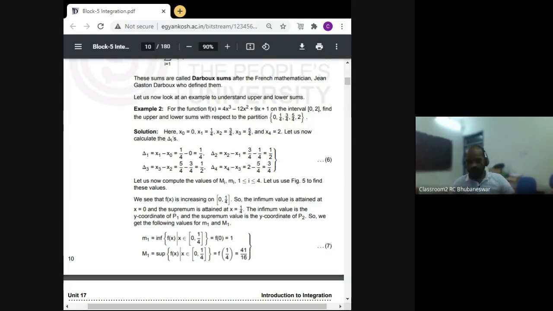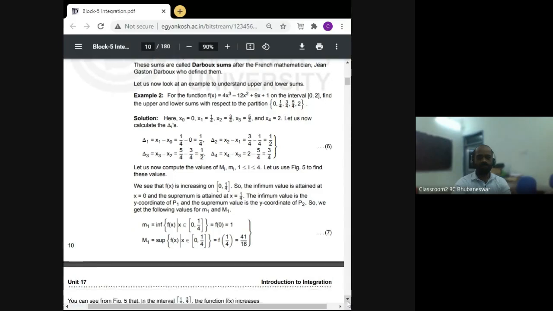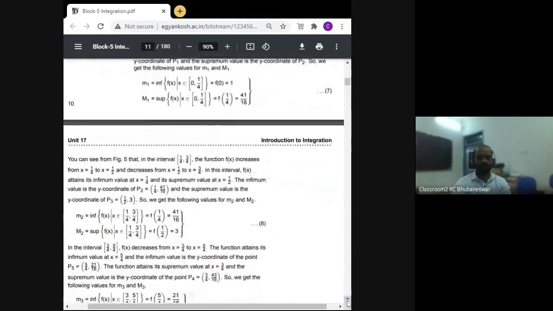Now let us calculate the corresponding infimum value and supremum value of the function on each interval. Here small m1 represents the infimum of the function f(x) in the first subinterval 0 to 1/4. Here 0 is the lower limit of the interval and 1/4 is the upper limit.